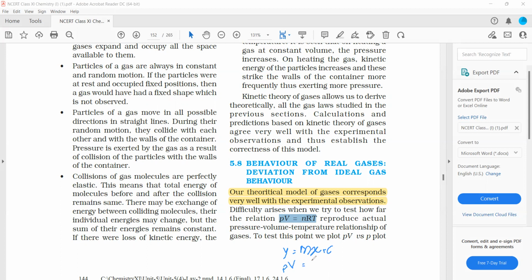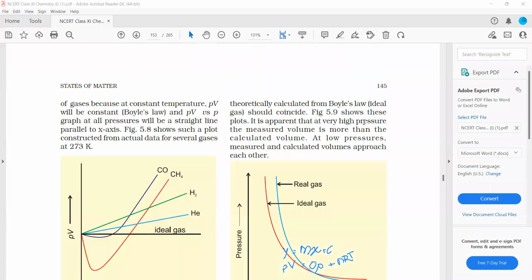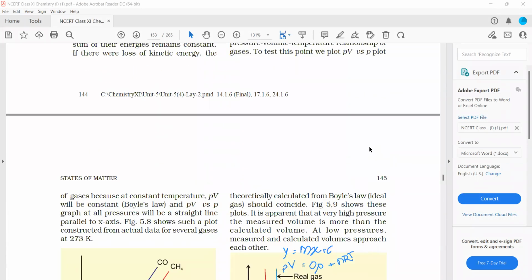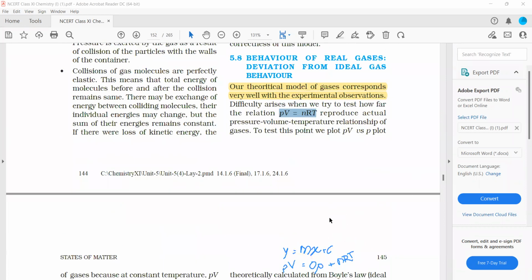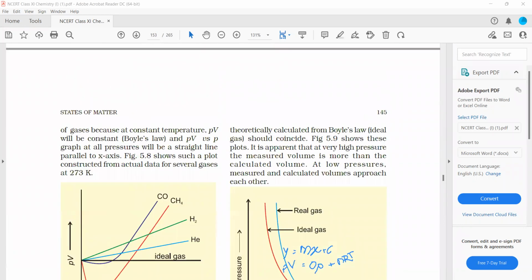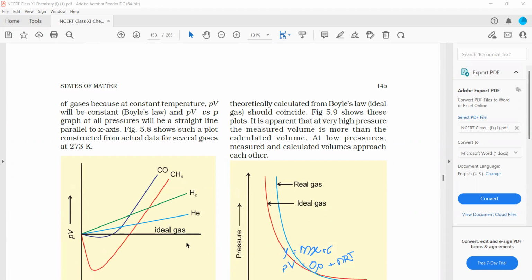There is no X, so that means there is 0 times P, plus the constant here, nRT, right? So when you draw the plot for PV versus P, what will you get as slope? The slope will be 0, right? That means it will be parallel to the x-axis, that is the P axis.